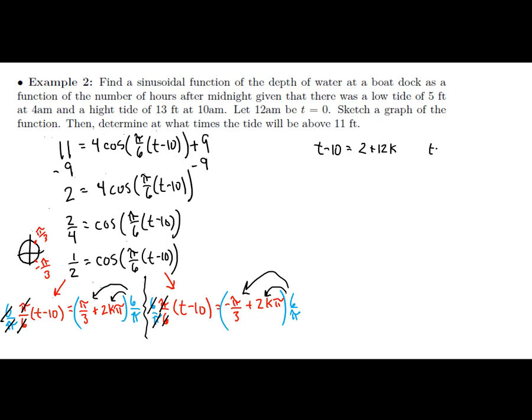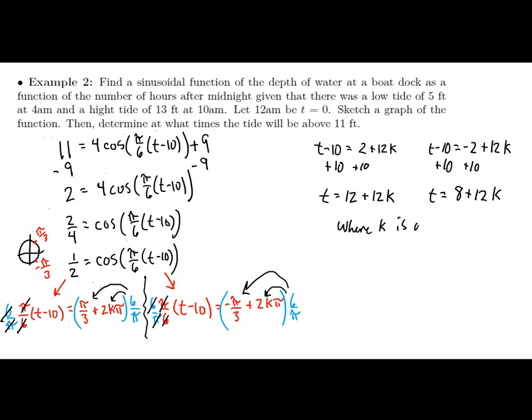Over here, same thing: t minus 10 is equal to negative 2 plus 12k when we distribute through. The last thing is to add 10 to both sides. So we have t equal to 12 plus 12k on the one hand, and t equal to 8 plus 12k on the other hand, where k is an integer.